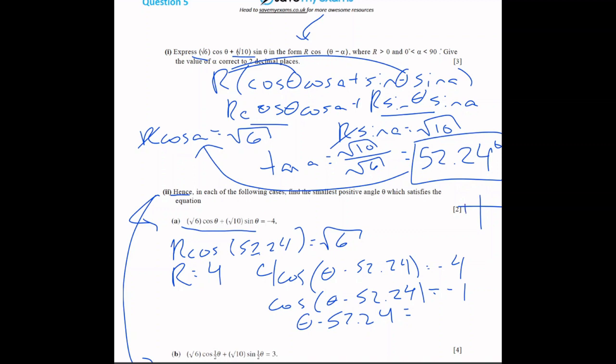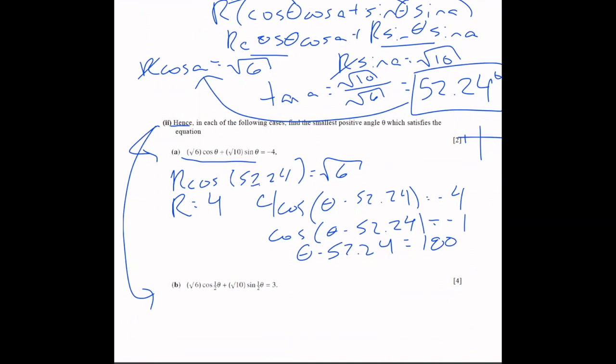Inverse cosine of -1, I believe that'd be 180. Oh, I'm right, that's cool. 180. Now, because cosine does not have another answer for -1, I just have to add my 52.24 on both sides and I'm done, because there's no other alternative.